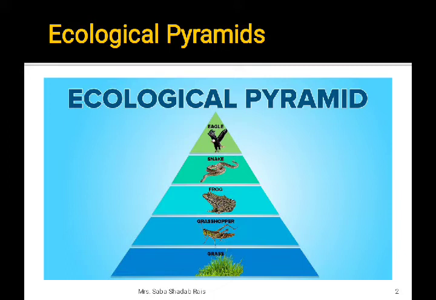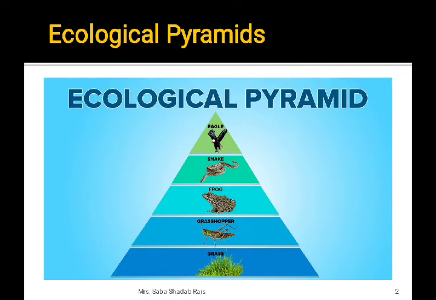So the ecological pyramid. Now ecology, what do you mean by ecology? Study of the animal and its habitat, its relationship. So when we say ecological pyramid, it depicts the levels, the interaction or relation of the animals.